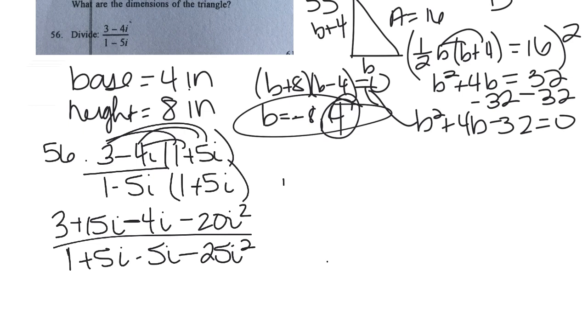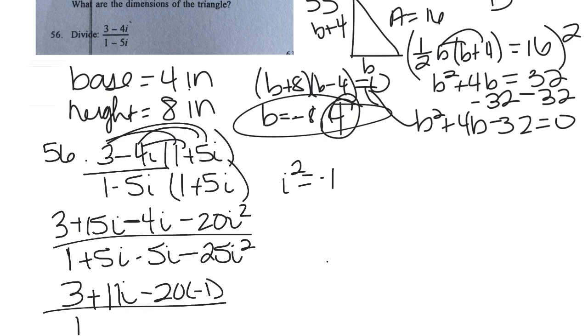Remember, like we said earlier, i squared equals negative 1, so we have to replace that. So up here I get 3 plus 15i minus 4i is 11i minus 20 times negative 1. And on the bottom I get 1. My i's cancel, minus 25 times negative 1.